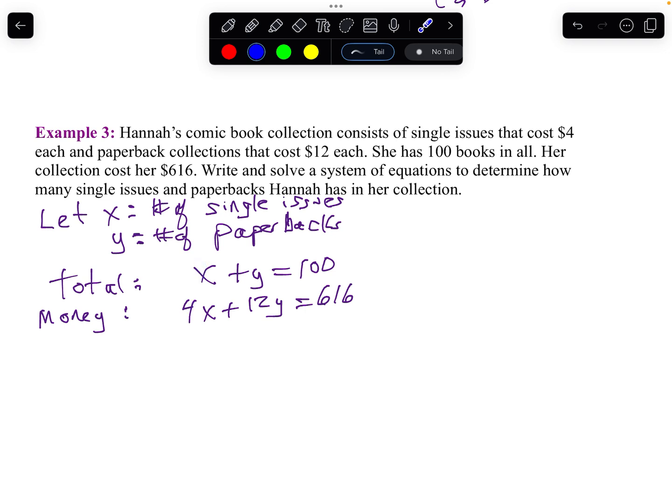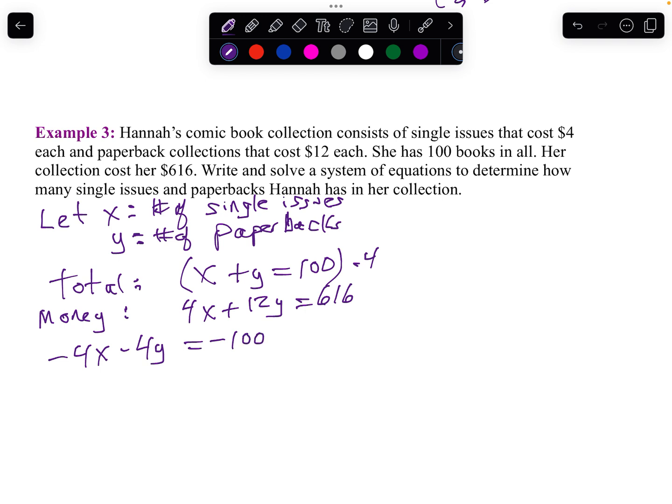Now notice this time they're not opposites, so I'll have to make one of them a negative. My least common multiple, though, is just 4, isn't it? So I think what I'll do is I'll multiply my top equation by negative 4. Now if I multiply by 4, they'll be the same, so I'll make this a negative 4. So I get negative 4x minus 4y equals negative 100.